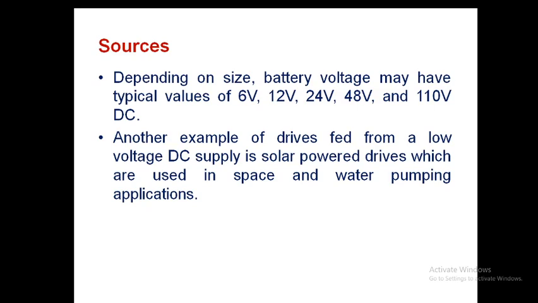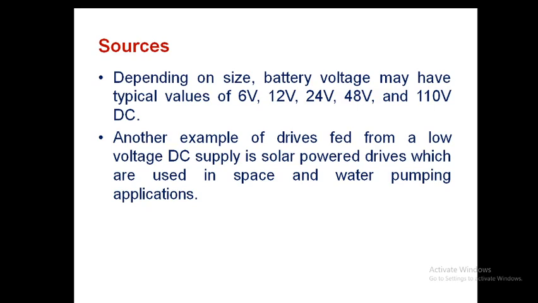Depending on the size of the battery or the size of the motor, the battery voltage may have typical values of 6 volts, 12 volts, 24 volts, 48 volts, and even 110 volts DC. That depends on the application or motor size. We need to choose the required battery size. We can connect in series and parallel combinations to meet the load requirement.